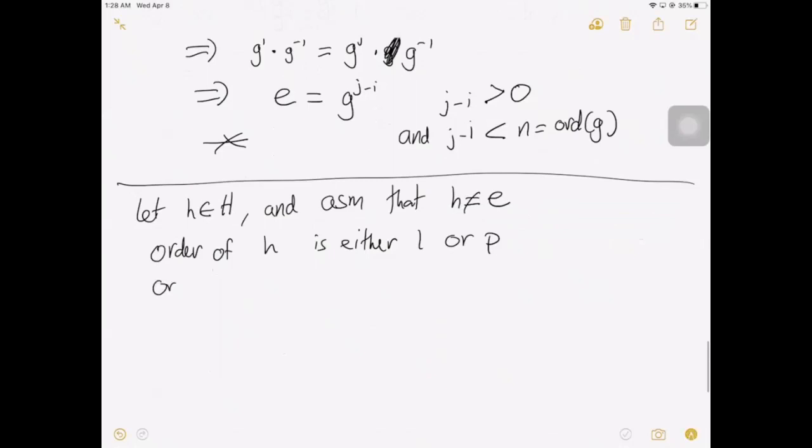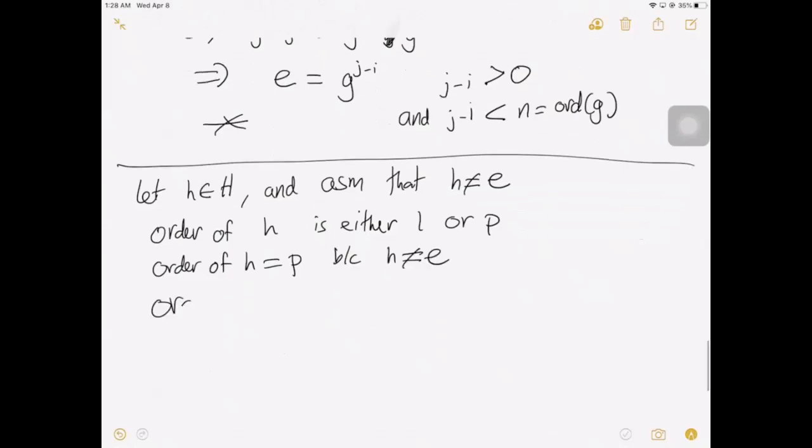We know that the order of h is equal to p because h is not equal to the identity element. So now we have that the order of h equals p, which is equal to the order of the group H.